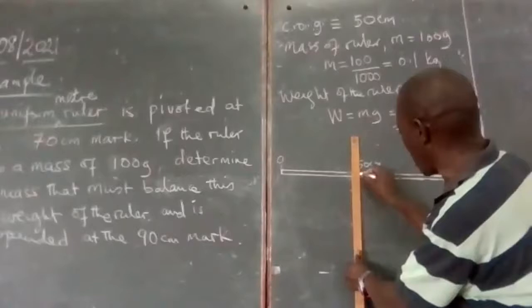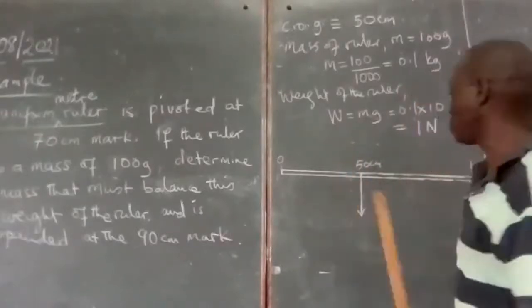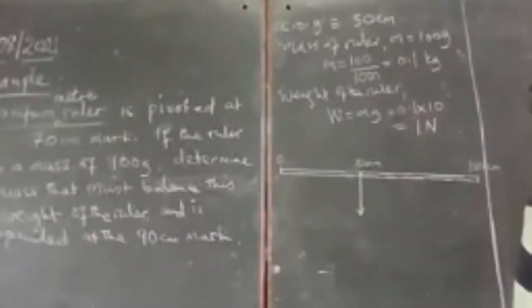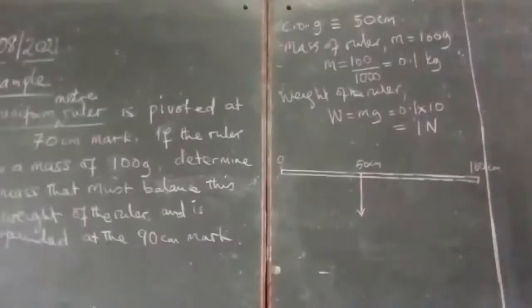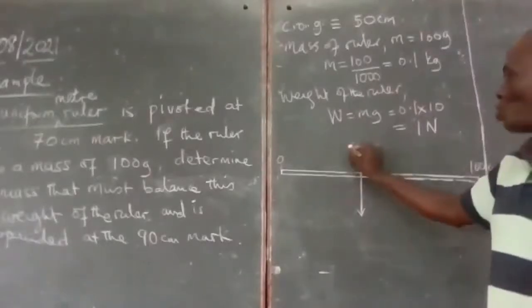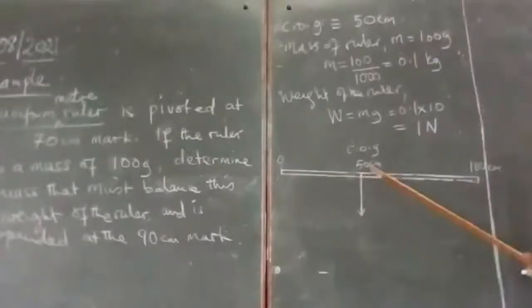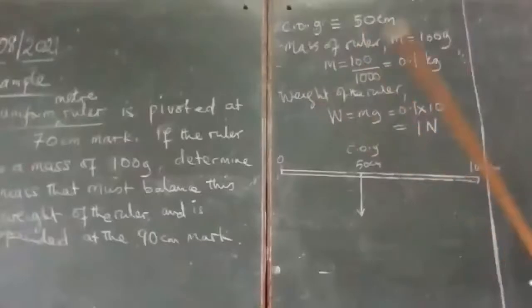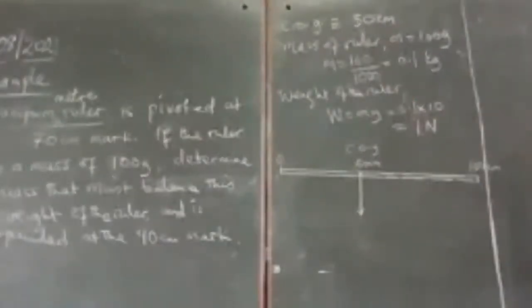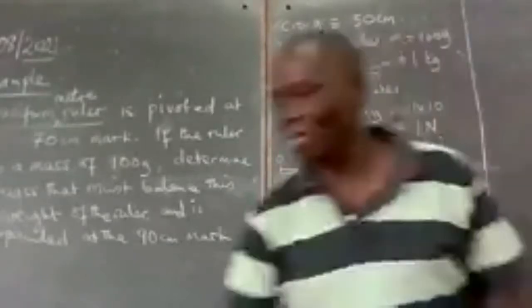Which force is there? Gravity. What force acts at the center of gravity? This is the COG. Gravitational force. The resultant force. Yeah, define the center of gravity.